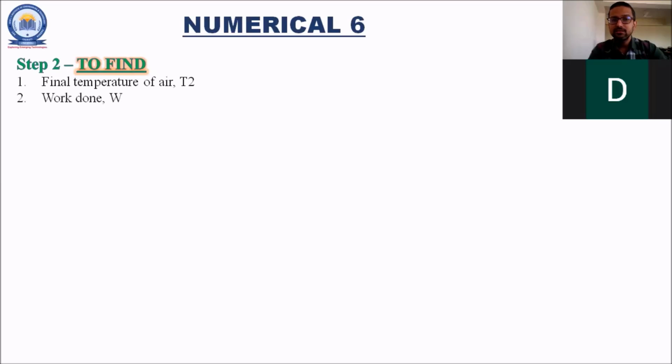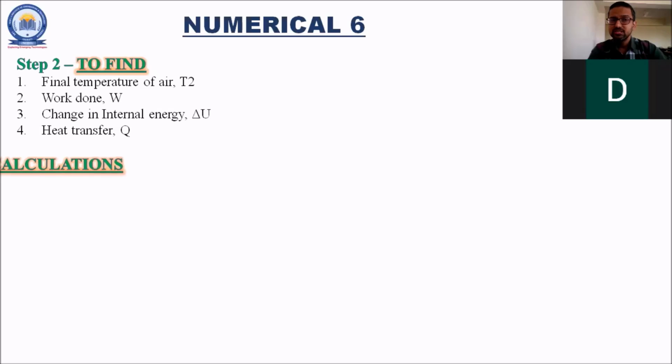Then the amount of work done, W. Third, the change in internal energy, delta U. Fourth, the heat transfer, Q. So these are the 4 parameters we need to calculate in this numerical.